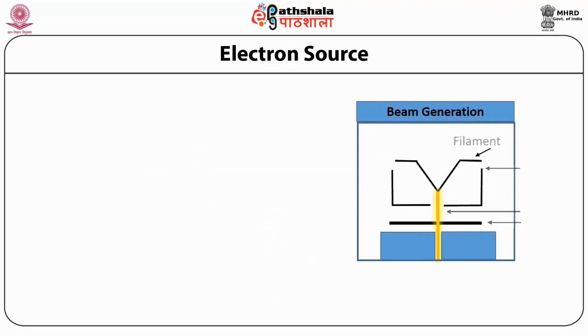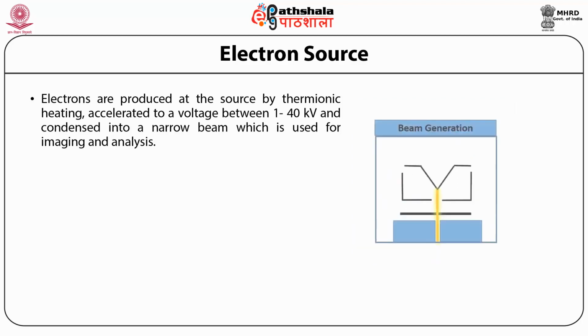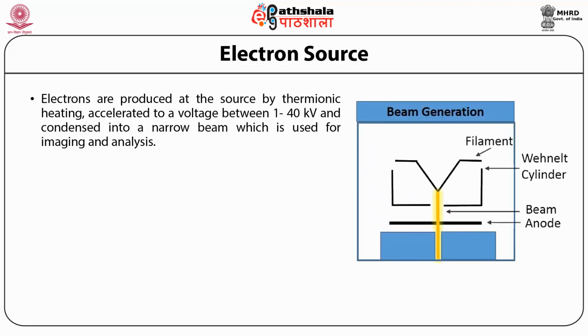The source. Electrons are produced at the source by thermionic heating. These electrons are then accelerated to a voltage between 1 to 40 kilovolts and condensed into a narrow beam which is used for imaging and analysis.